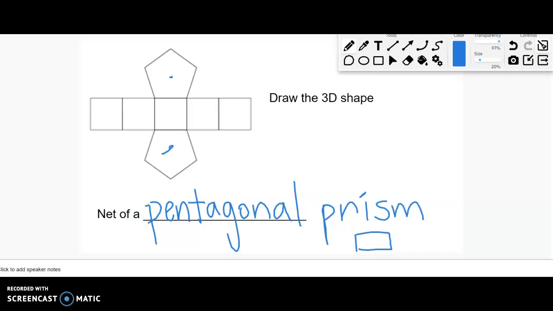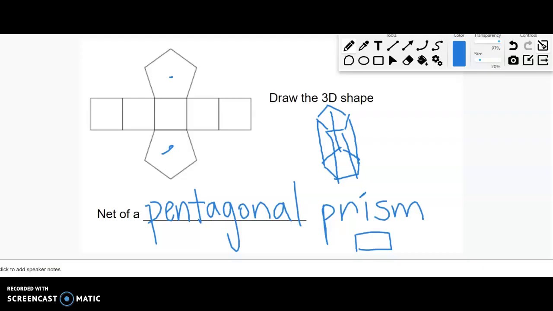So again, do your best to draw it. Draw one pentagon as one base. Draw another pentagon as the other base. And then I just need to connect the matching corners: the left corner, the right vertex, the top vertices, the bottom left, the bottom right.